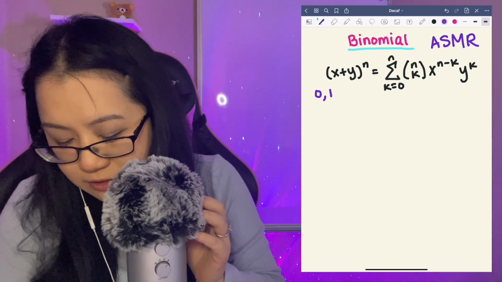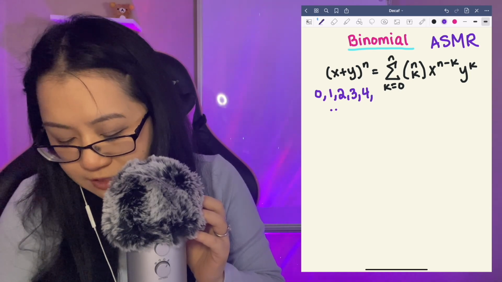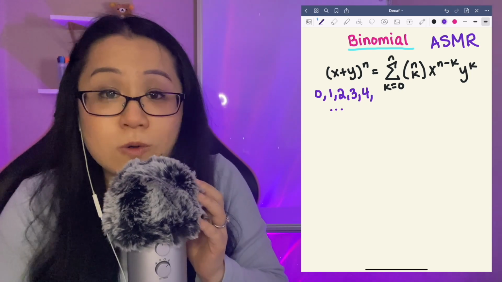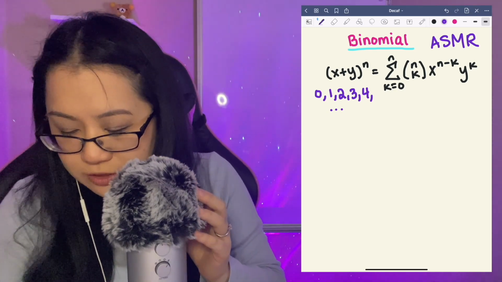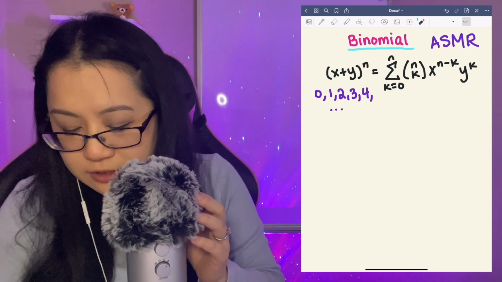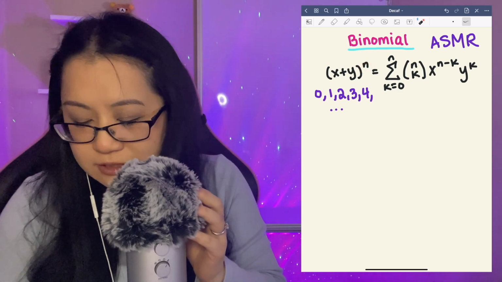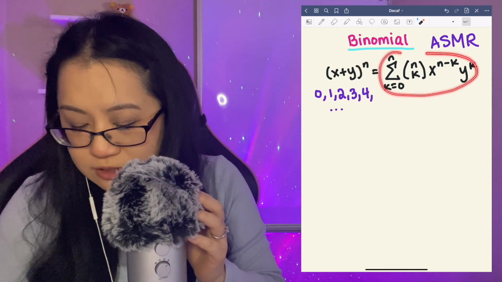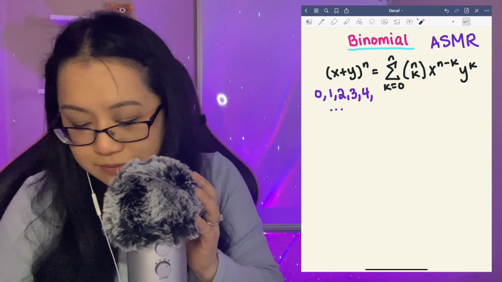So 1, 2, 3, 4, 5, etc. Okay, so whole numbers and non-negative whole numbers here. So that's n. So we're basically taking these two terms and raising it to an exponent, and this expansion, this side tells us how to actually multiply that all out.